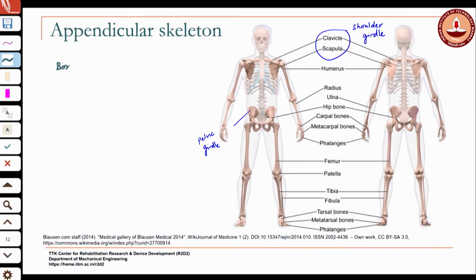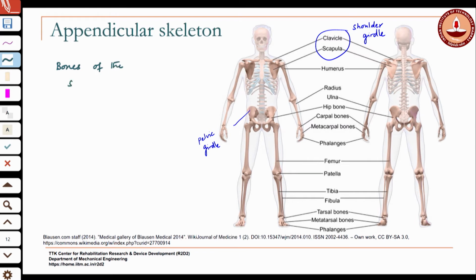You can move the bones in the appendicular skeleton to a large extent as compared to the bones in the axial skeleton. You do not have the same range of movement in the axial skeleton as you do in the appendicular skeleton.